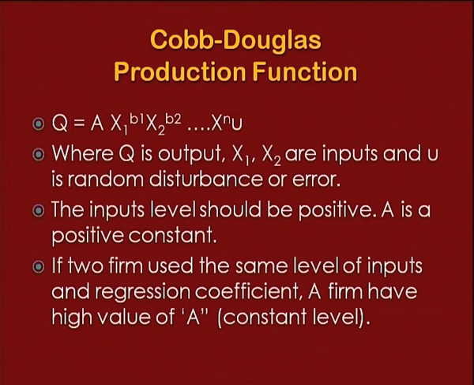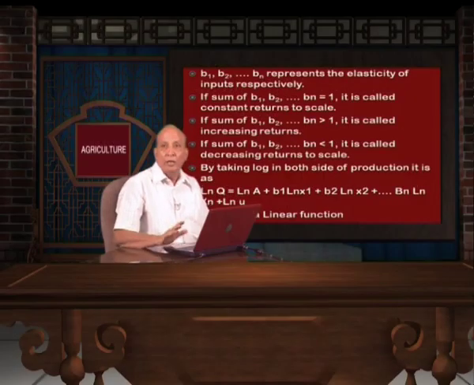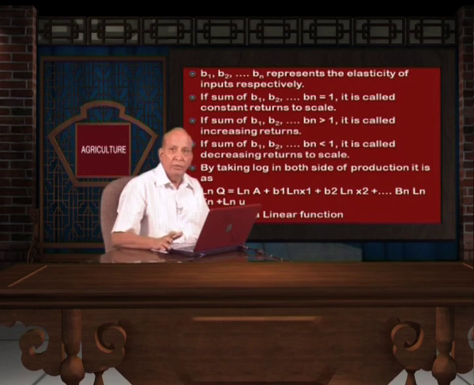The input level should be positive. A is a positive constant. If two firms use the same level of inputs and regression coefficients, the firm with a higher value of A, the constant, will have higher output. Now, we come to the meaning of B1 and B2.